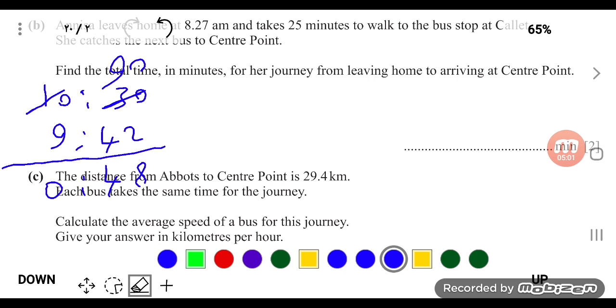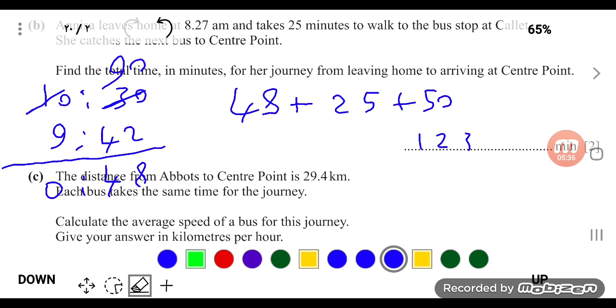So you have to add all the time: 48 minutes, the time taken for the bus to arrive, plus 25 minutes, the time from leaving home until she arrived at the bus station, plus 50, and that will give you 123 minutes.